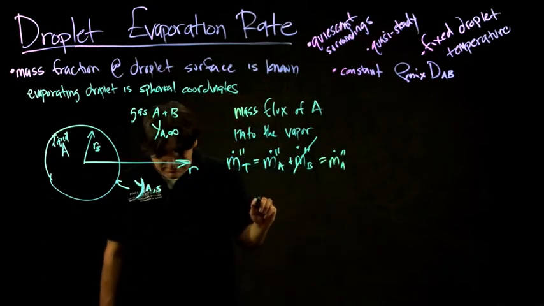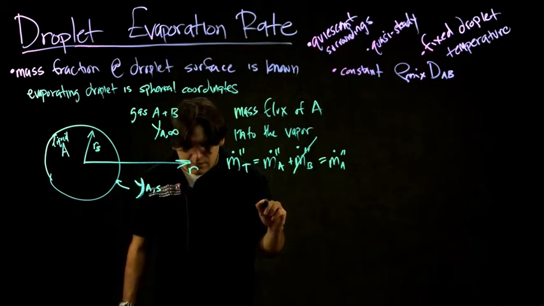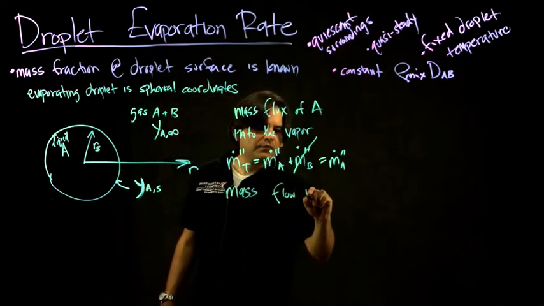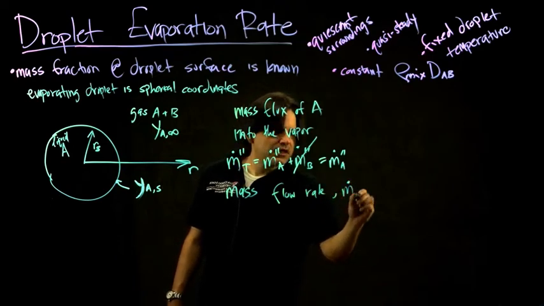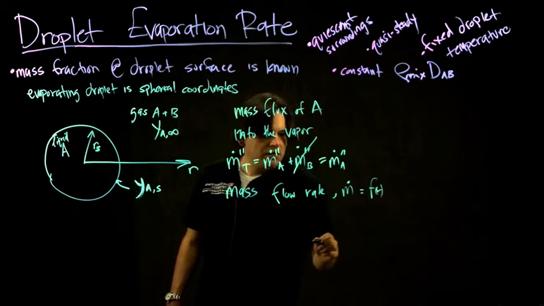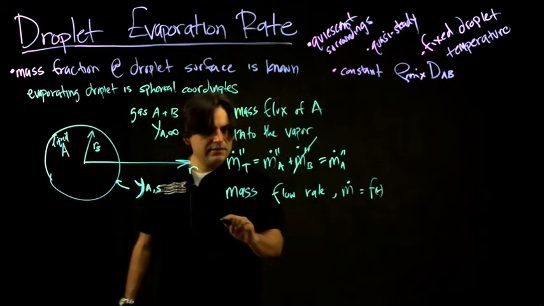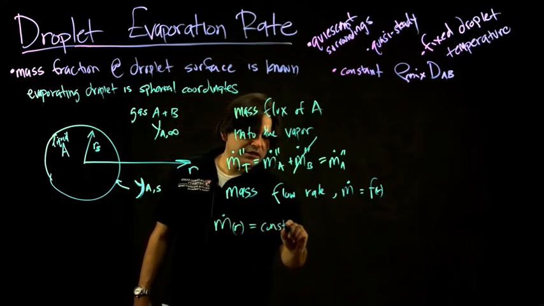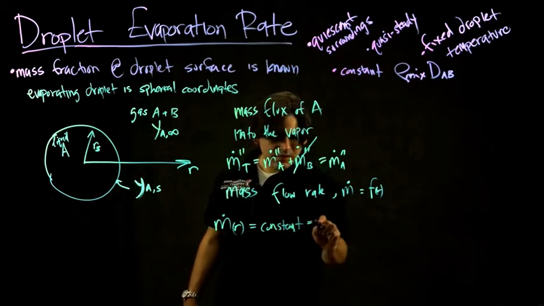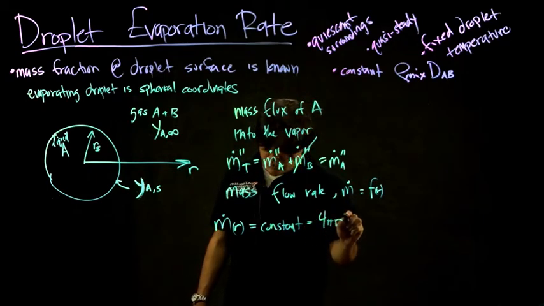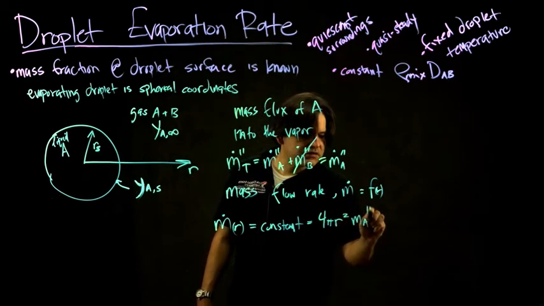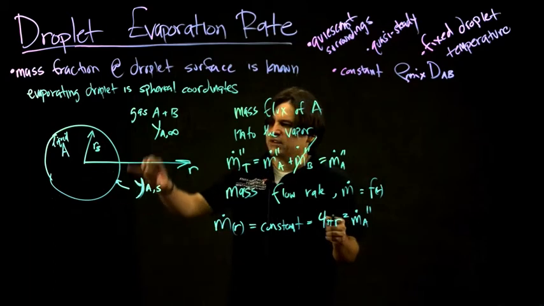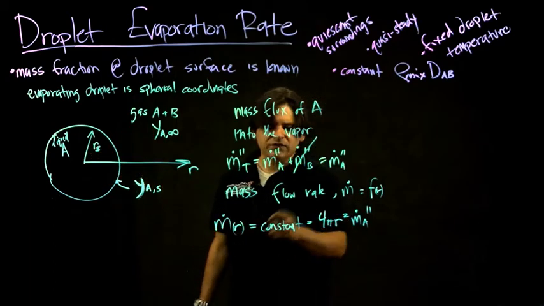So for mass, the mass flow rate, just m dot, is in principle a function of r, but in this case it's constant because as the area changes with radius, it balances out by a mass flux of A. So this mass flux is changing as the droplet moves, and this area decreases in the case of evaporation, and those two counteract to give you a constant mass flux.